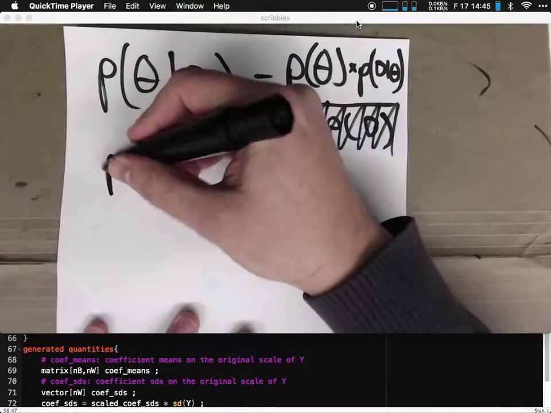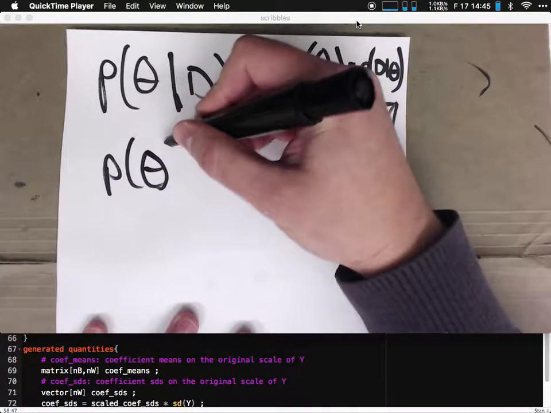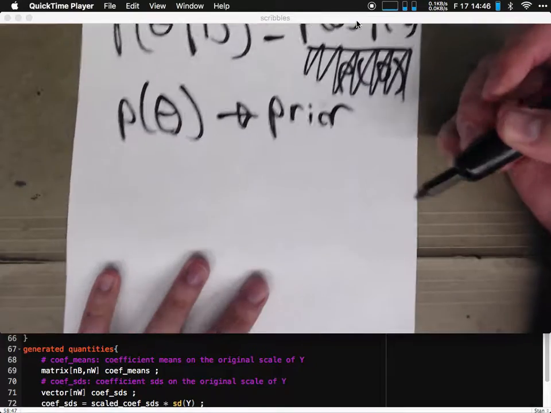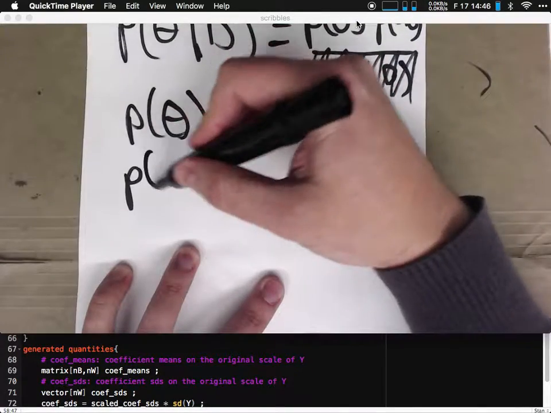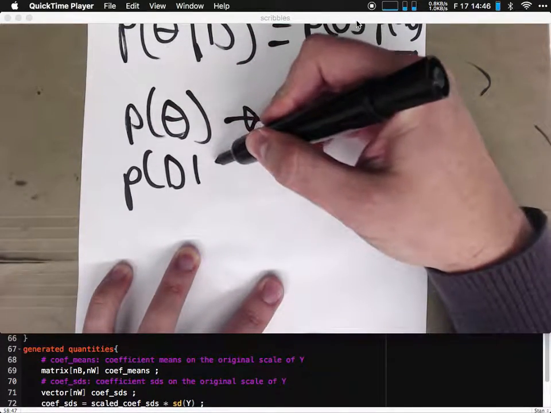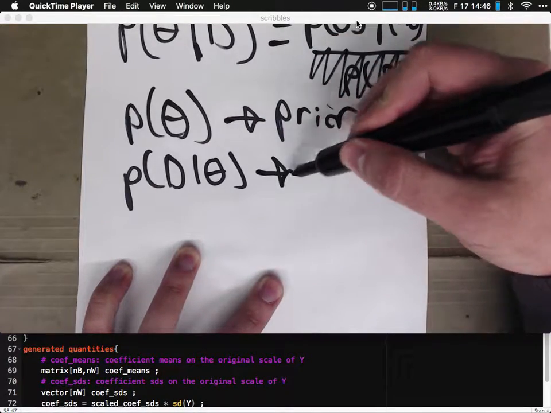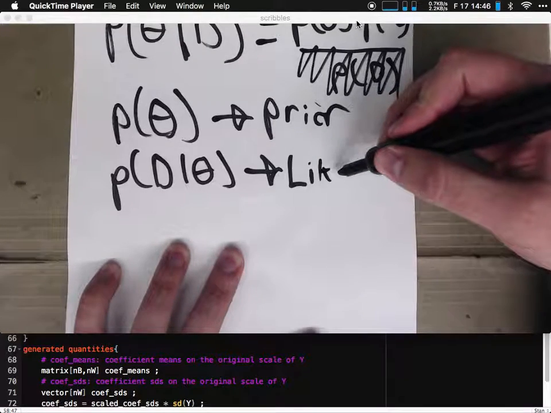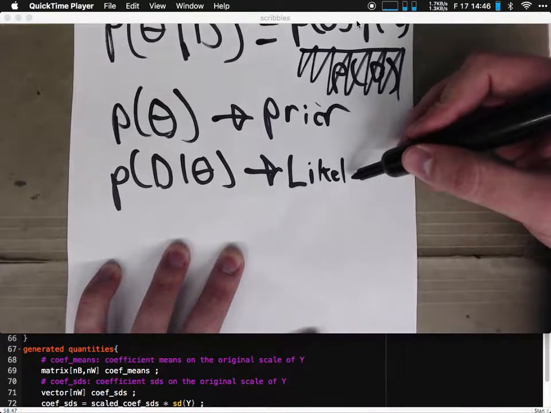So we'll say P of theta is the prior, and P of data given theta. You'll hear this referred to as the likelihood.